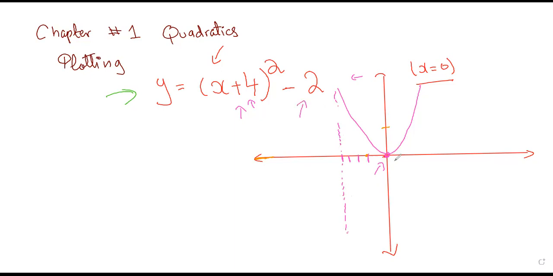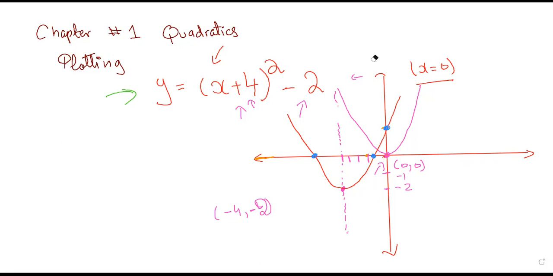So we know that this point, which initially was 0, 0, will become -4, -2. This is -4, this is -2. This is the point. So this new curve would have this shape. Now we need to find out these points where the curve meets the axes.